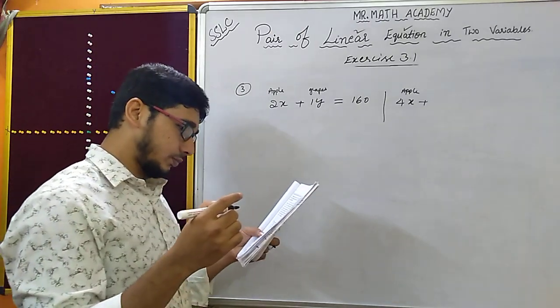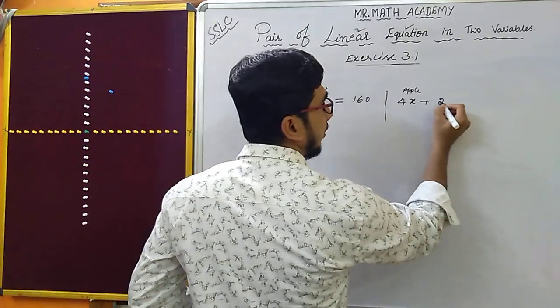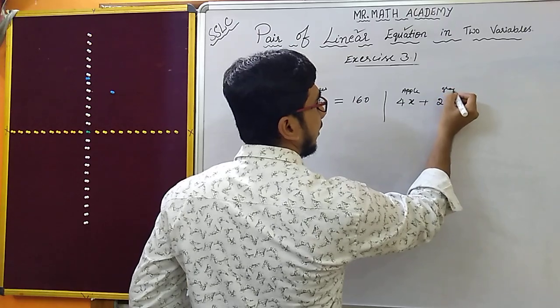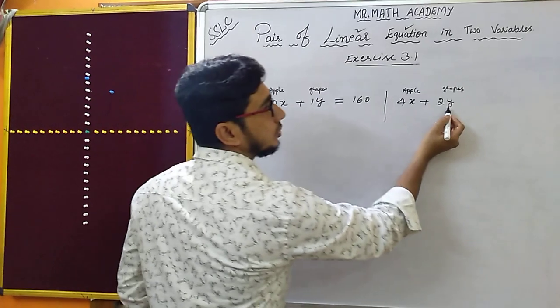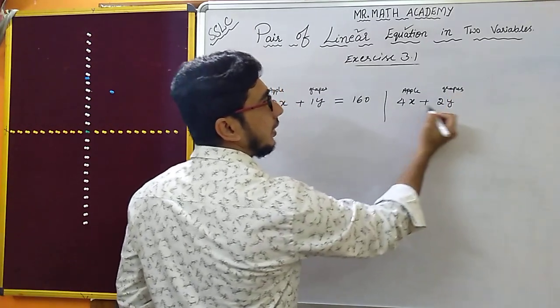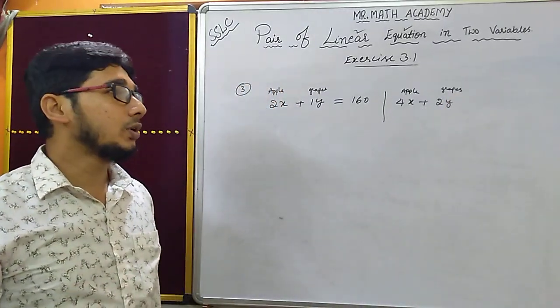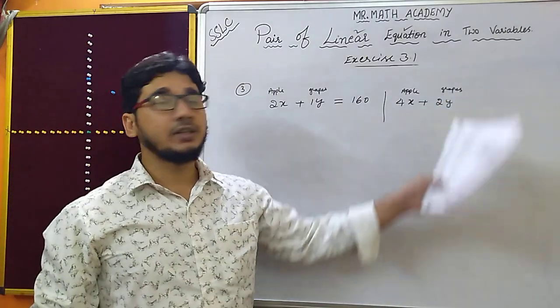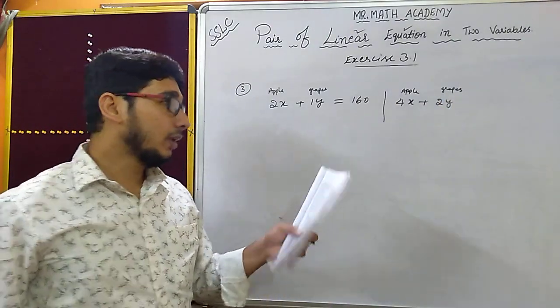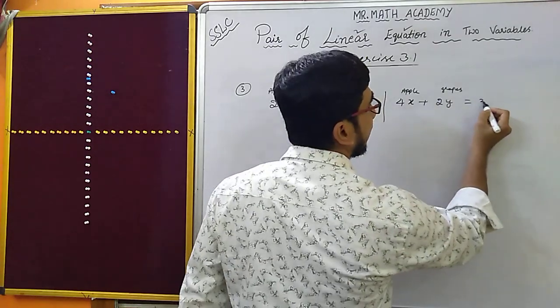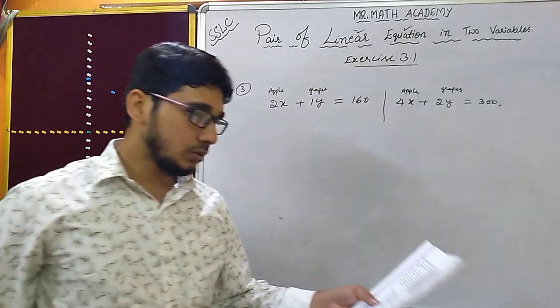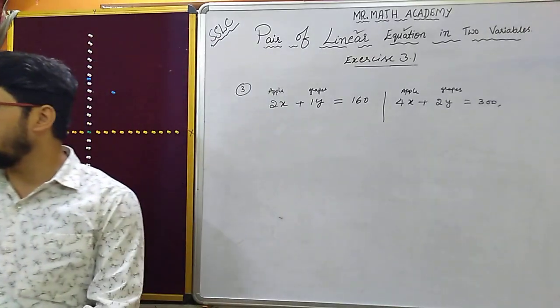This is apple, this is grapes. 2 kg means y. x and y represent the cost of apples and grapes respectively. How much is this? 300. So represent the situation algebraically and graphically.